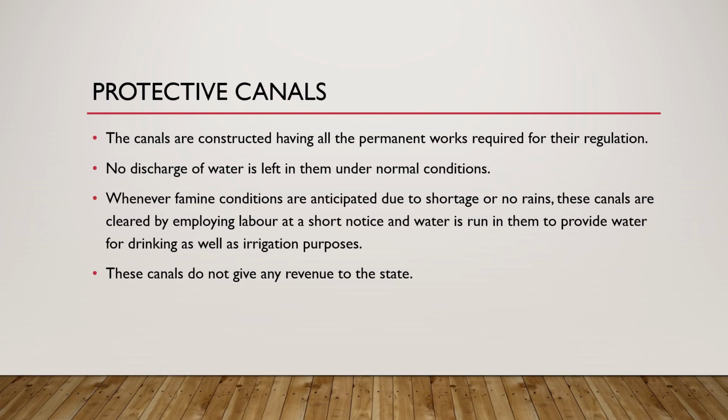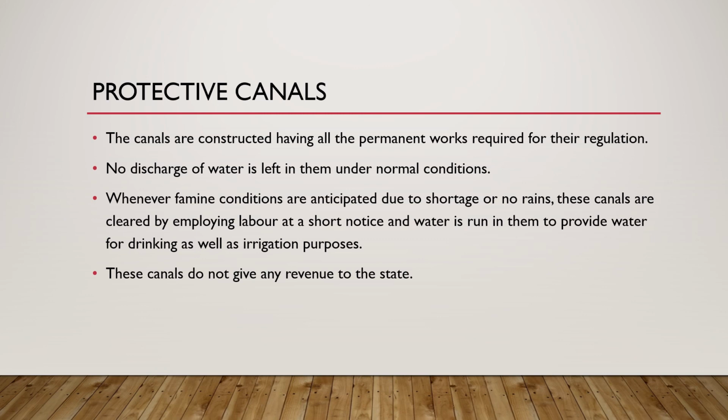water is short, and at that particular time water from different streams is diverted to these canals to irrigate the place where there has not been any rain, or it is in a famine condition. These canals are constructed as permanent, not as a temporary structure, according to regulations.